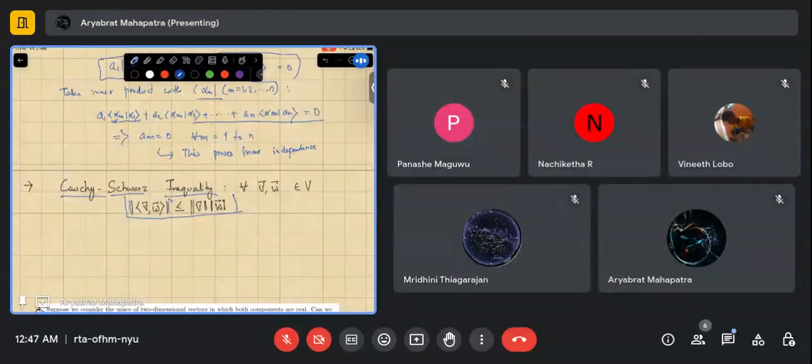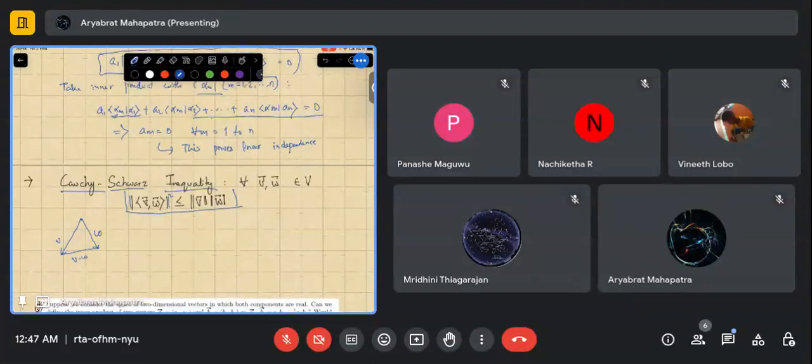Let's say I have a vector v, and this is my v minus w, and let this be a, b, c, where a is the norm for the vector v and b is the norm for the vector w, and similarly for c.